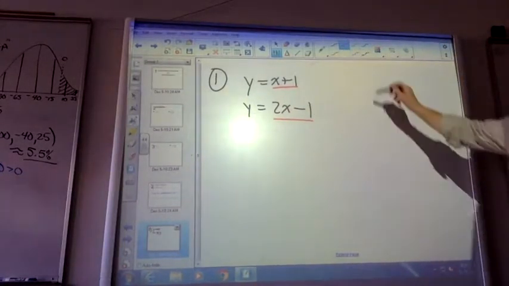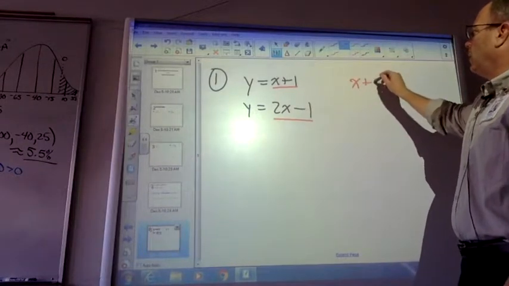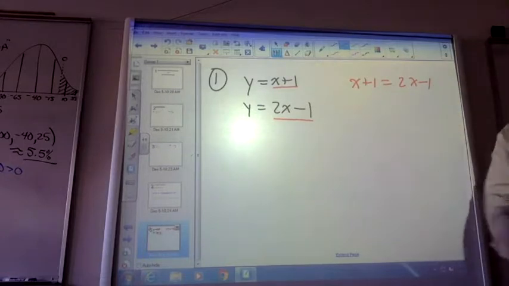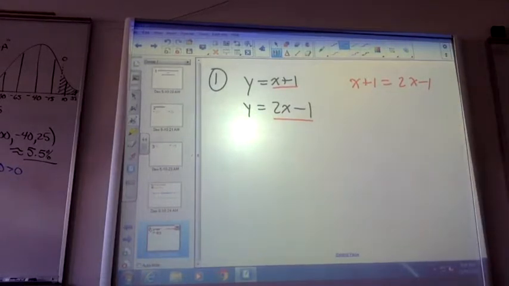If I take the x plus 1 of the first equation, and say that's got to be equal to 2x minus 1 of the other equation, that'll work for me. Let me just stop there. You see what I did and why I did it. They are both equal to y, so I can set them equal to each other.